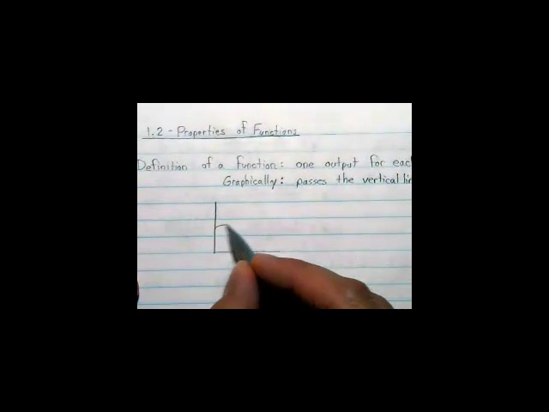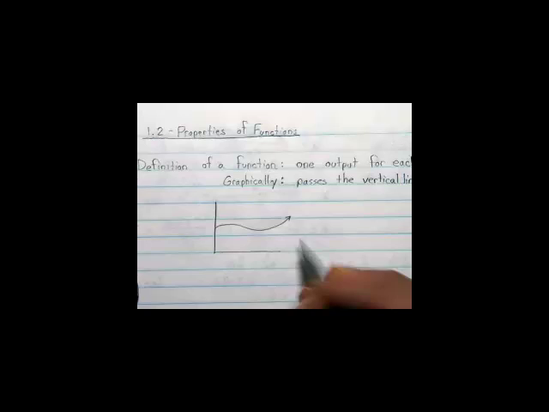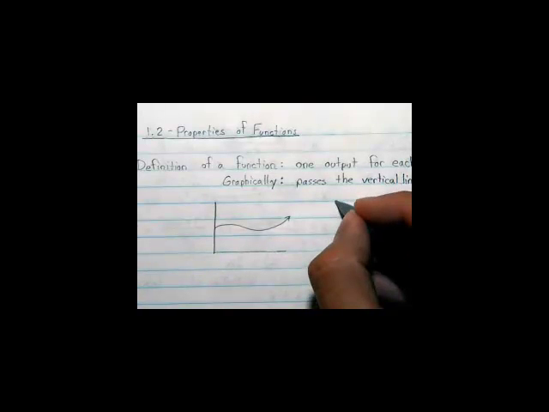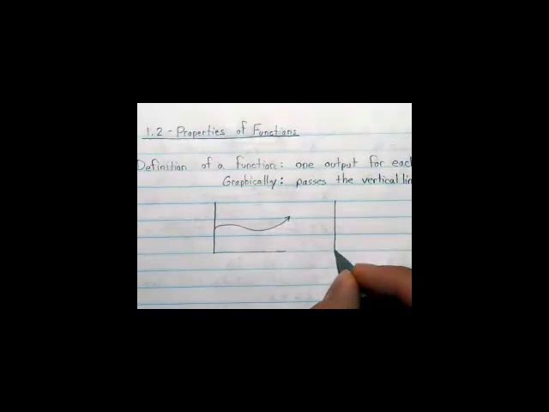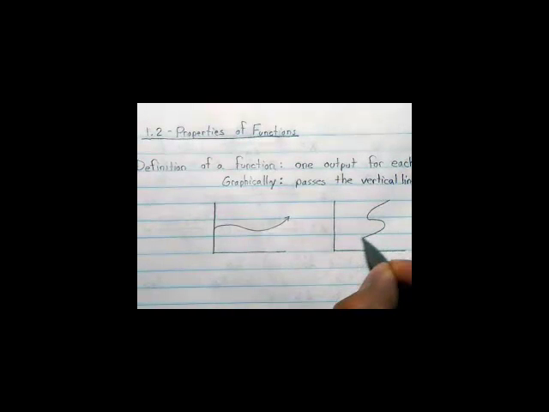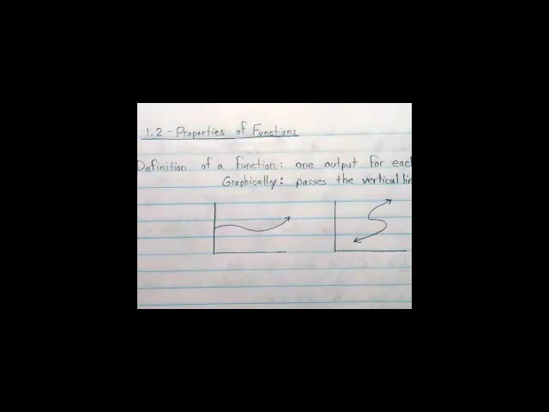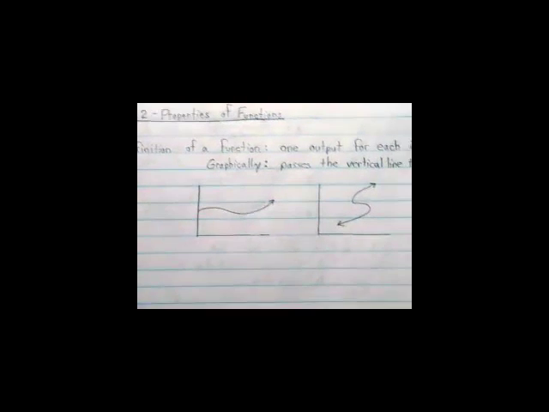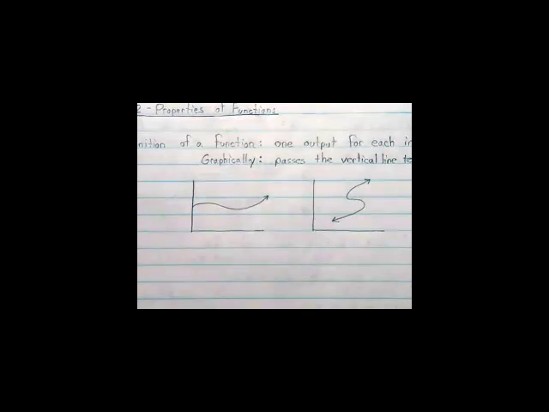Okay, so I'm going to do just two quick little graphs here, and we're going to see if we can determine which one's a function and which one's not. The first one: does that pass the vertical line test?